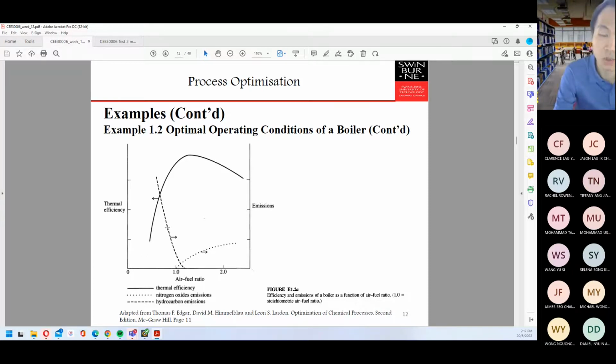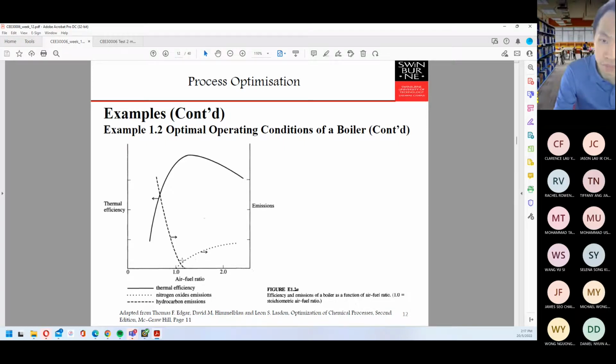If we put in more air, that means we also will have an extra side reaction in terms of the nitrogen, because air contains oxygen and nitrogen, right? So there will be some NOx released in the gas product.